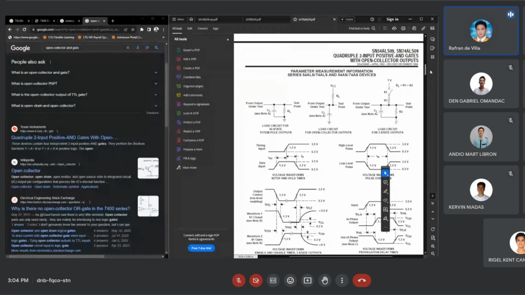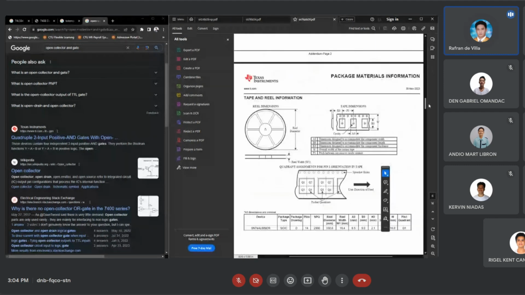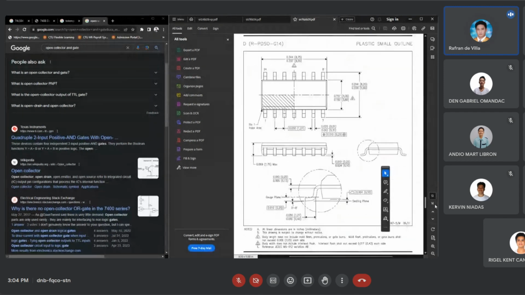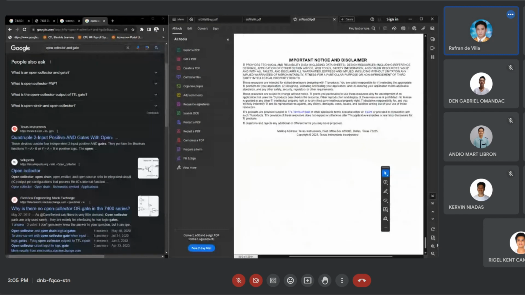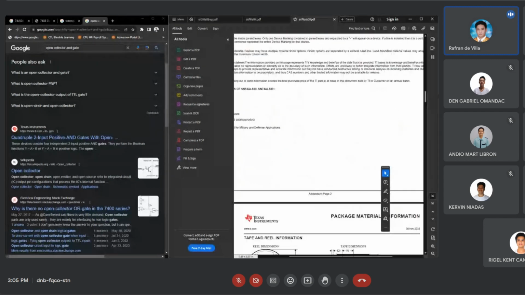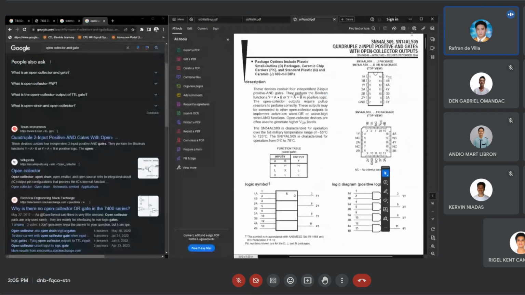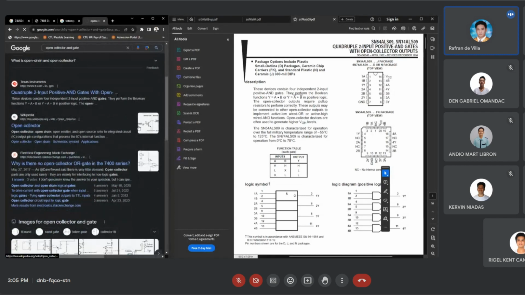So why 5.5? It has something to do, guys, with the configuration of the output circuit. Let's look for its schematic here. Oh, the data sheet doesn't show the schematic of the output side. So anyway, this is what an open collector output looks like.